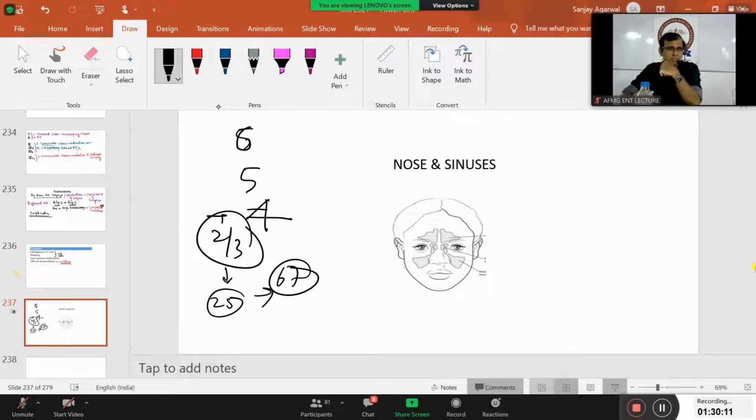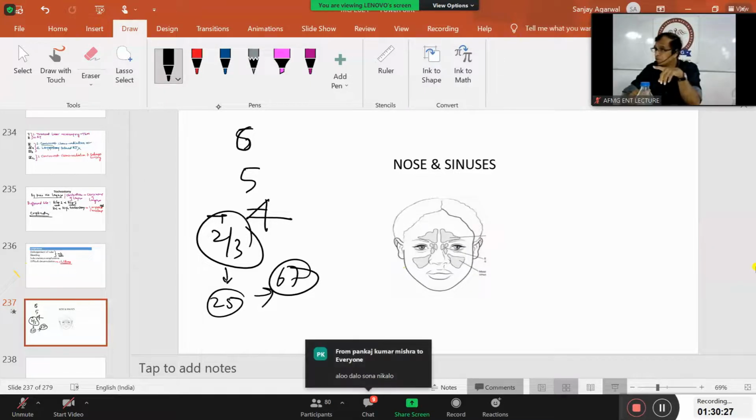So what I'm going to say indirectly is that never ignore nose and sinus. I see a lot of people thinking, leave this, the body is small anyway. But no, questions definitely come, and they are easier.